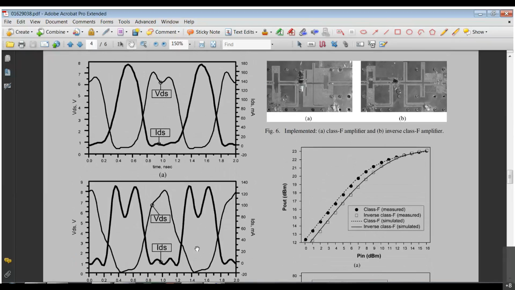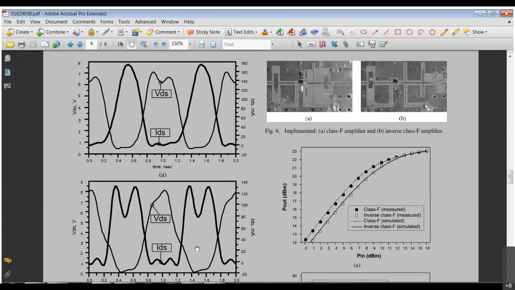So from these examples, I just wanted to show that if you encounter a research paper or any simulated or experimental result for waveforms, and you encounter a simulated result for any class of class F amplifier and they do not look like what we have discussed, then don't get surprised.